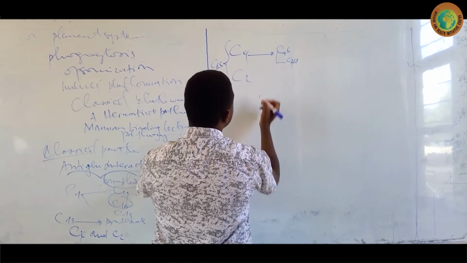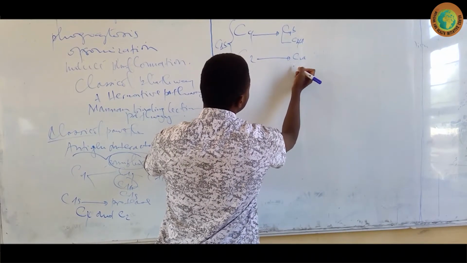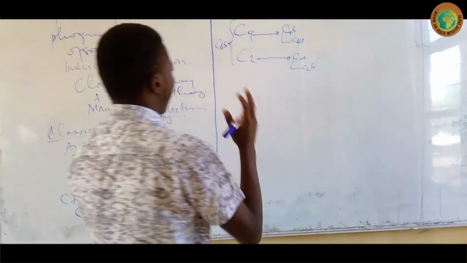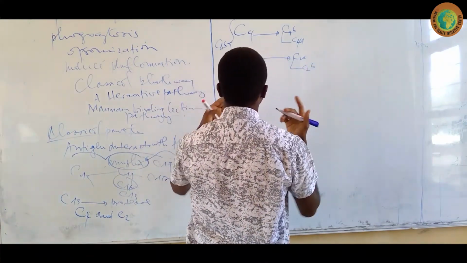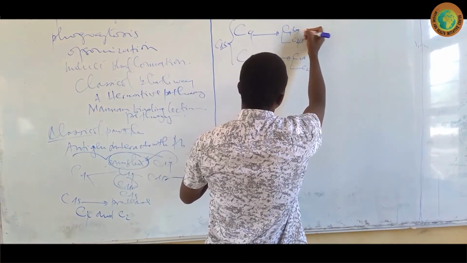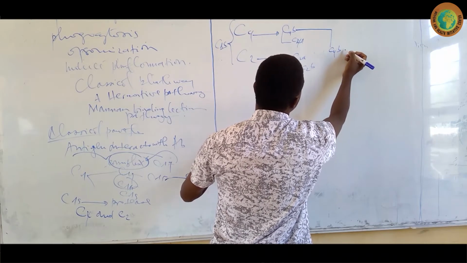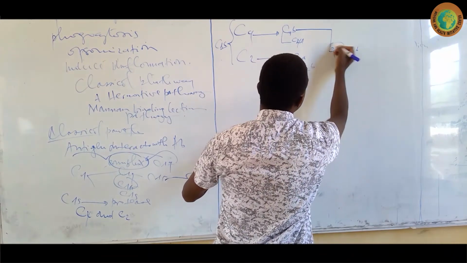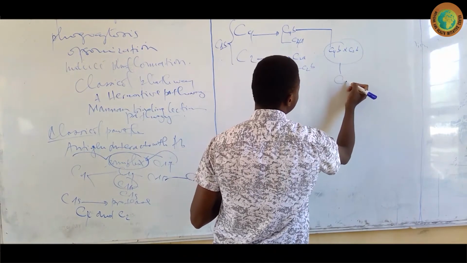And C2 will be cleaved into C2a and C2b. C4b and C2b will form a stable complex. It is called C3 convertase.